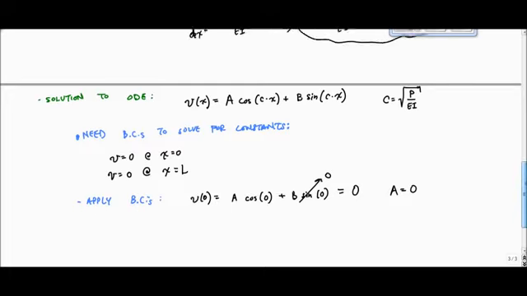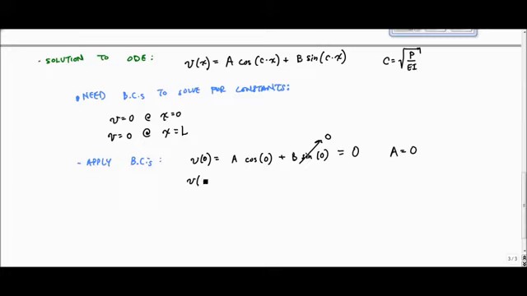And then here, at V of L, I have A, or this is all 0 anyway, 0 plus B sine of square root of P over EI times L equals 0. Does that seem okay? So here's this term right here.